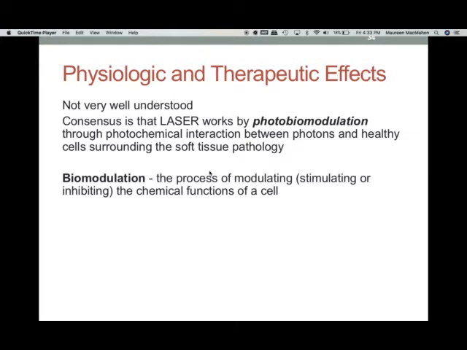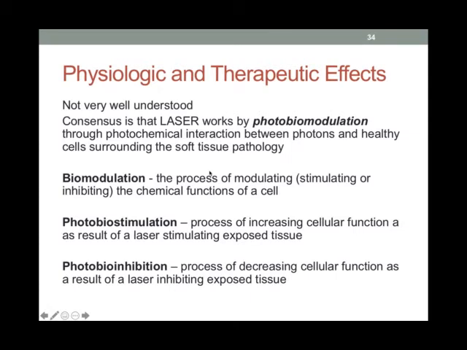So when we talk about biomodulation, what does that mean? Biomodulation is the process of modulating, either stimulating or inhibiting, the chemical functions of a cell. Okay, so if it's being stimulated, we call that photobiostimulation. When we talk about photobiostimulation, that's increasing cellular function as a result of laser stimulating the exposed tissue.